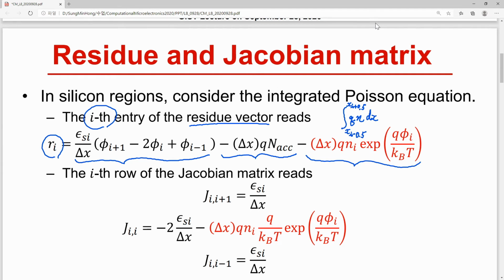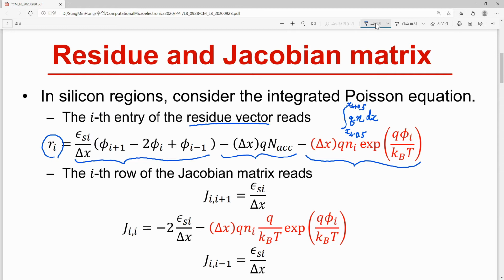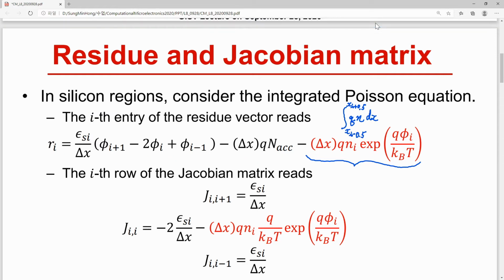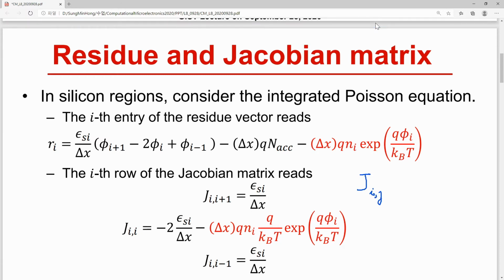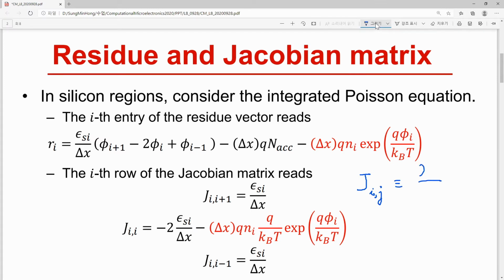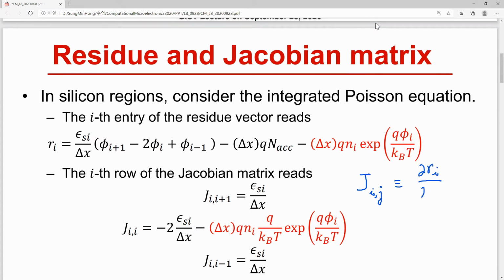And you can find that since this is just given as a local function, when we take the Jacobian matrix, it becomes easily calculated. When you define the Jacobian matrix and its i, j term as partial Ri over partial phi j, then from this nonlinear term, we can have only the contribution like the J i, i component.